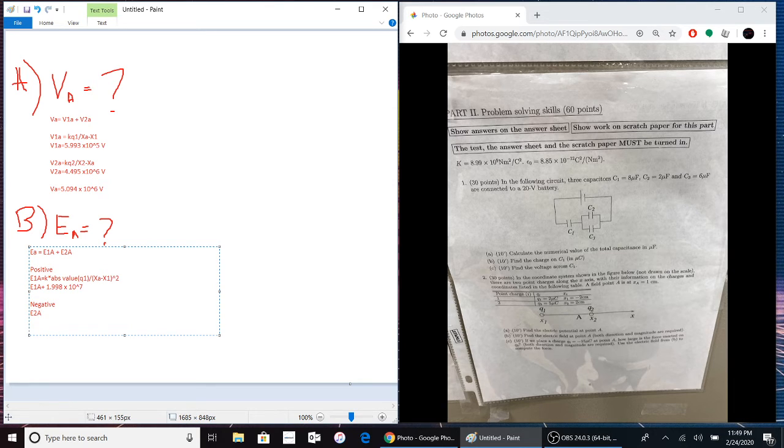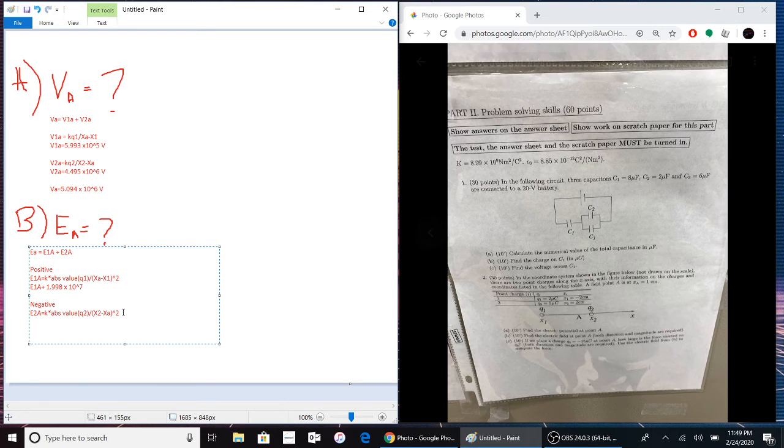E2A equals K times the absolute value of Q2 over x2 minus xa. Right, because we go from x2 to xa, that's the distance, and that's squared.